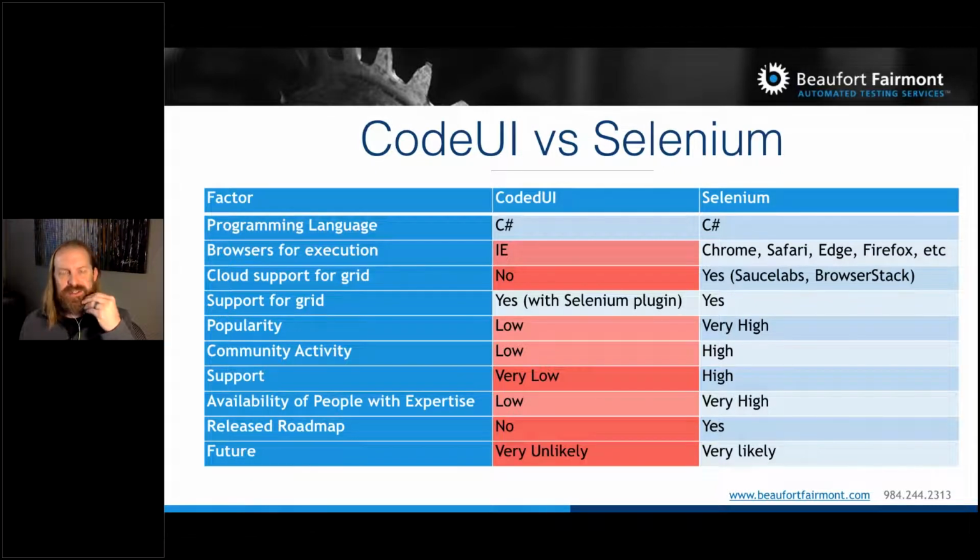Support for grid just wasn't there in CodedUI. It's there with plenty of tools in Selenium. On and on and on. There were just a lot of things that weighed heavily in Selenium's favor and against CodedUI. The future was a big part of this. So someone asked, what about the community surrounding things?